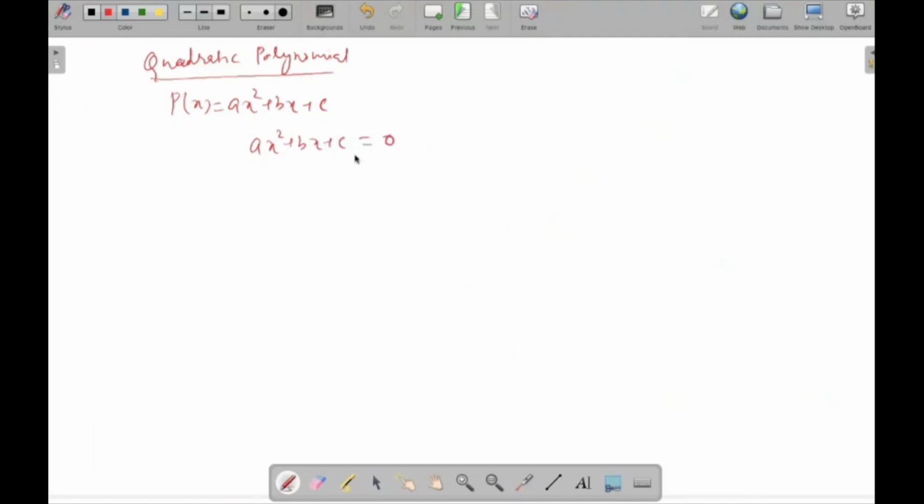and what you will find out here is that if say you have two zeros of this, the sum of zeros will be actually equal to minus b by a, and product of zeros will be equal to c by a.